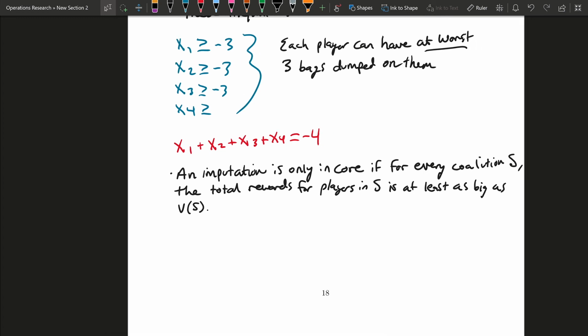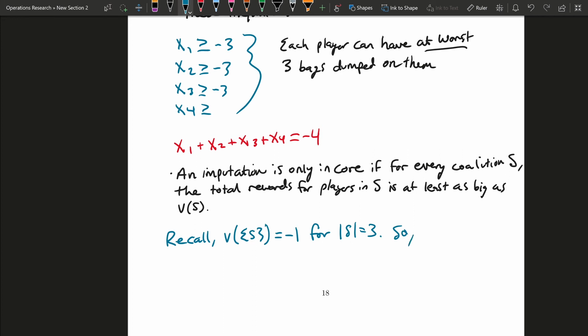So moving forward, if we recall from the previous section, V of the set S is equal to negative 1 when the cardinality of S is 3. When there's 3 members in this coalition, the reward is going to be negative 1.